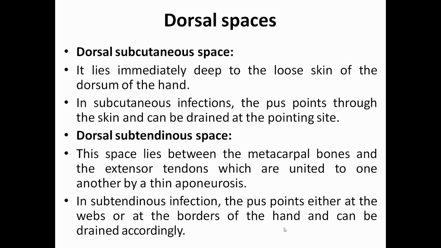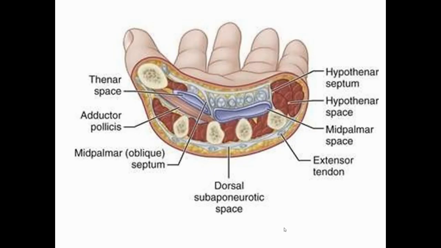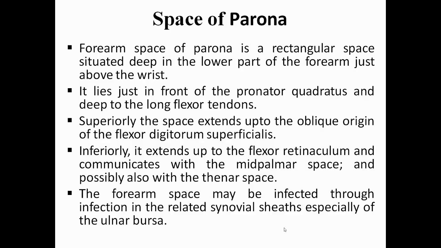In subtendinous infection, the pus points either at the webs or the border of the hand and can be drained accordingly. We can see there are some septa and they create the spaces, and there are tendons also. These all contribute to creating the spaces.